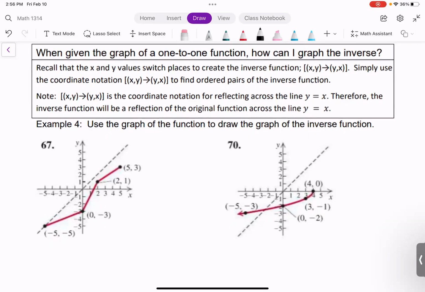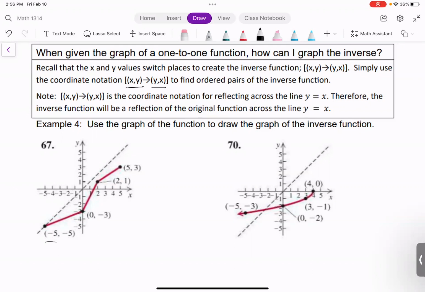We have learned that if I have a point on the function f, x comma y, then for its inverse function, we just swap the x and y. We get y comma x. That means if I have a point from the function f, then I switch the x, y position in the coordinate notation, and I can find the points on its inverse function.